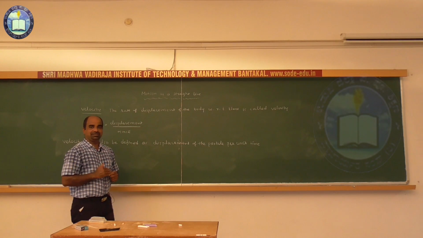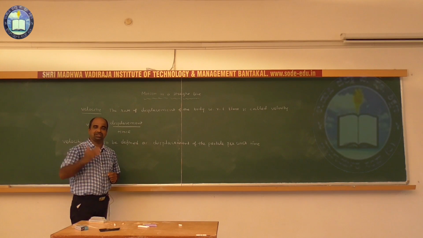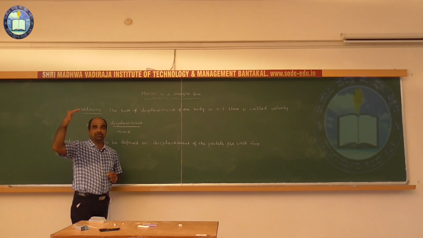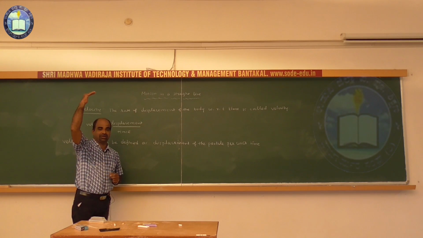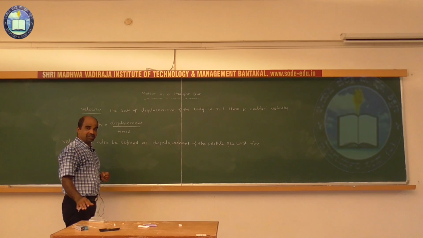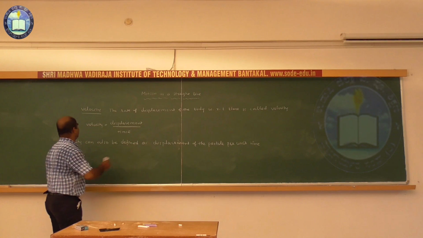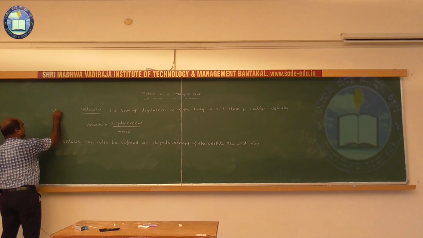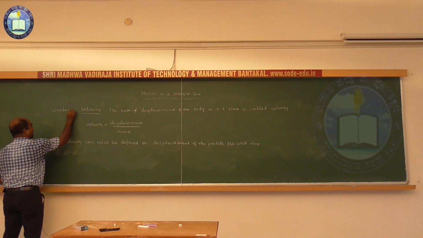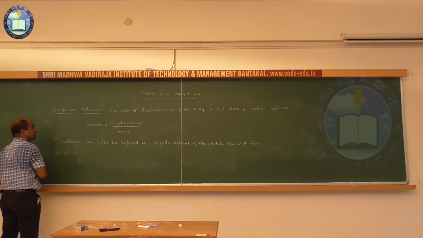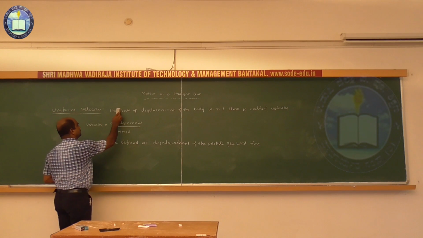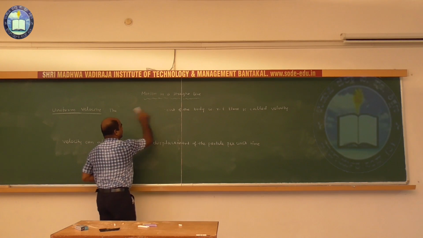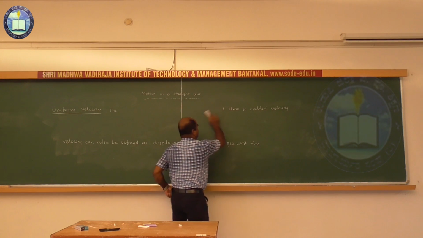Similarly, we can define uniform velocity, average velocity, and instantaneous velocity. It is analogous to that of speed. Correct? So, what is uniform velocity? My next topic is uniform velocity.